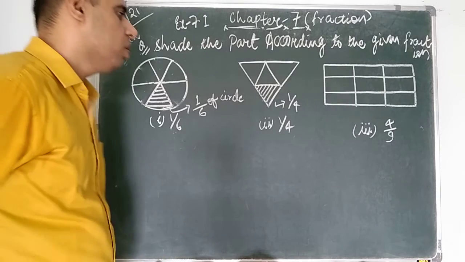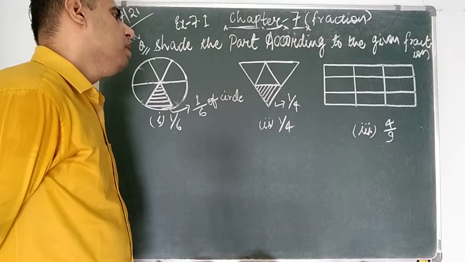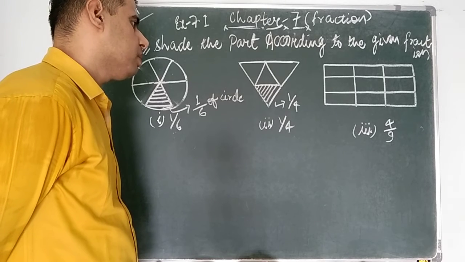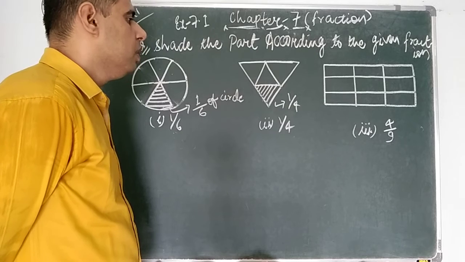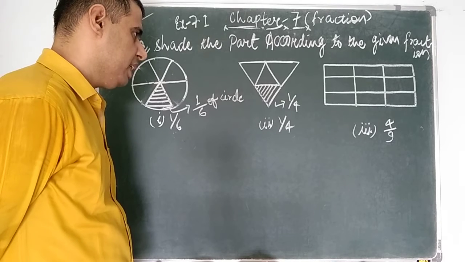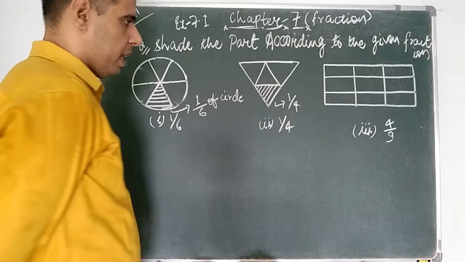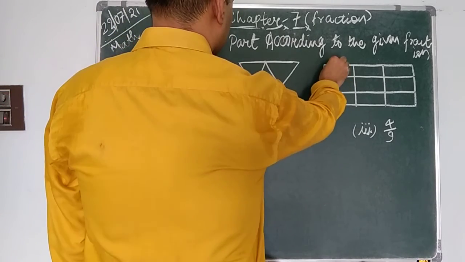Now we come to the third question. In the third question we have a rectangular shaped figure and it has been divided into 9 equal parts and the fraction below the figure is 4 by 9. So we have to shade 4 parts that will represent altogether 4 by 9. This is the first part that we are going to shade.